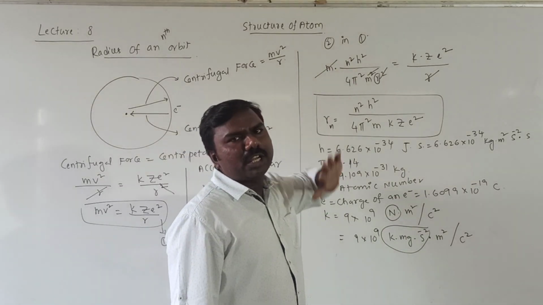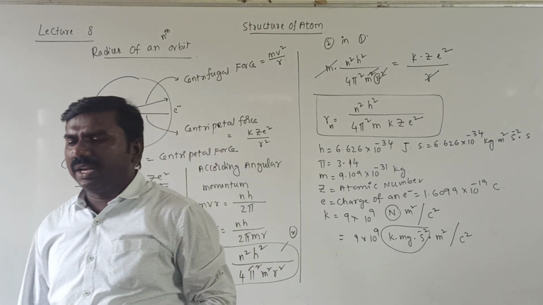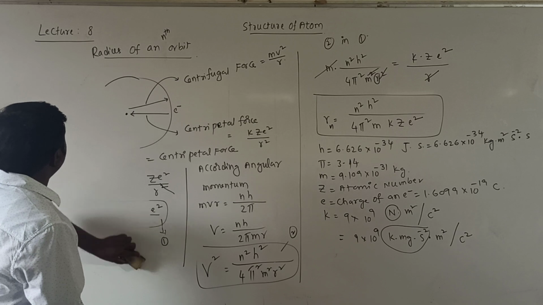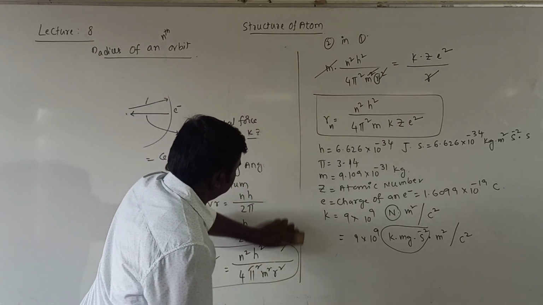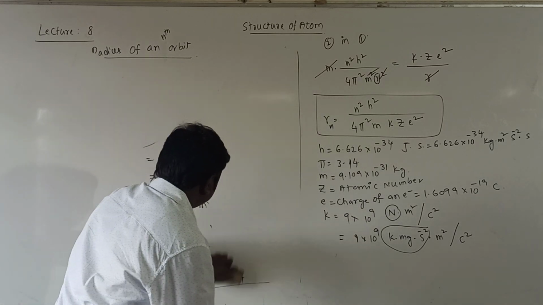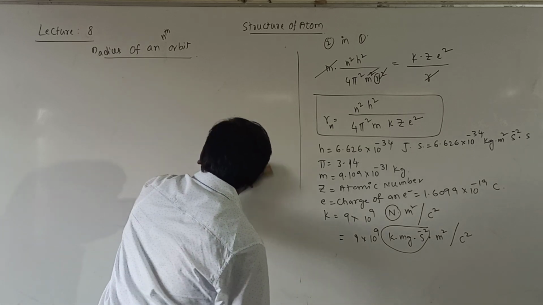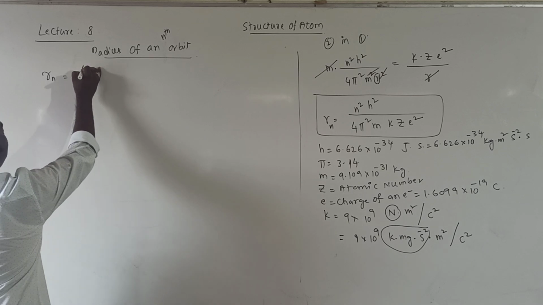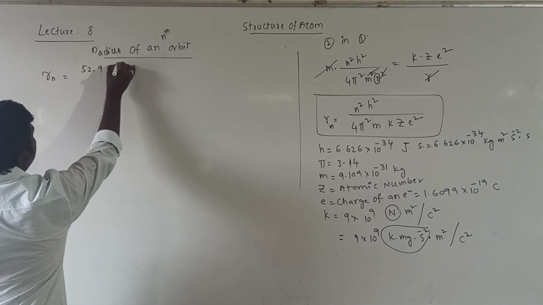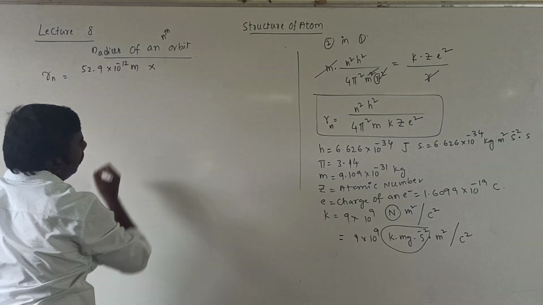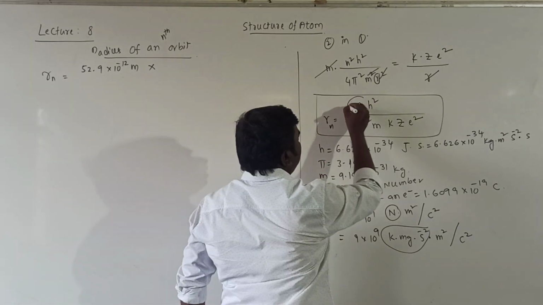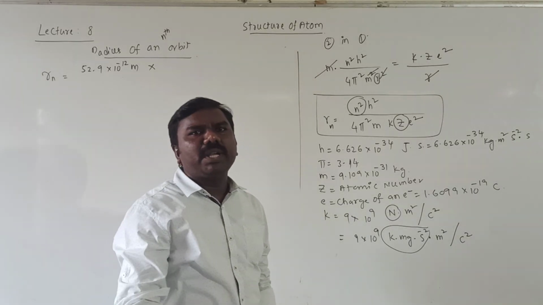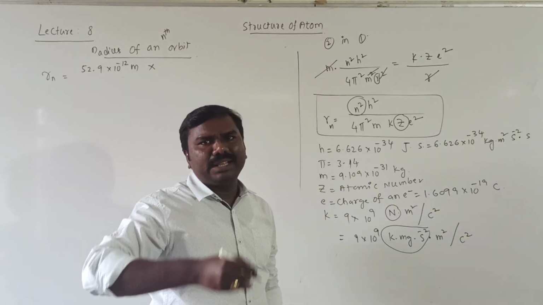Substitute all the terms in the above expression, then you will get the final expression. Rn is equal to 52.9 into 10 to the power of minus 12 meters into n square by z. The n square will not be cancelled and z will not be cancelled; that will be decided on the given data in the exam.